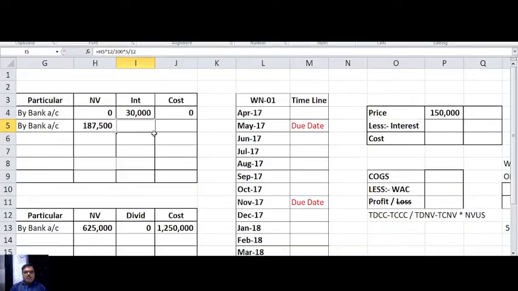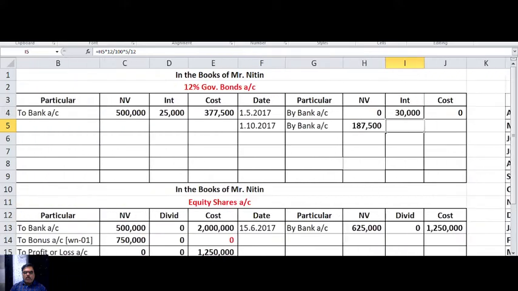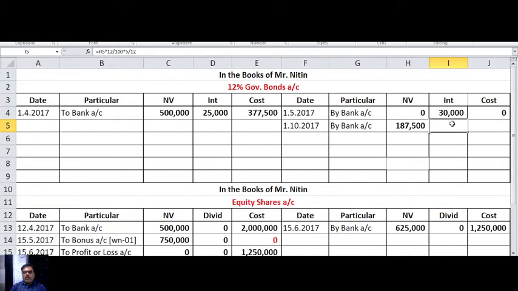So 5 months interest that we have to calculate over here on the nominal value of 1,87,500. So it comes to 9,375. How did I calculate this 9,375? 1,87,500 multiplied by 12 divided by 100 multiplied by 5, because 5 months interest is outstanding from the last due date, divided by 12, it comes to 9,375.